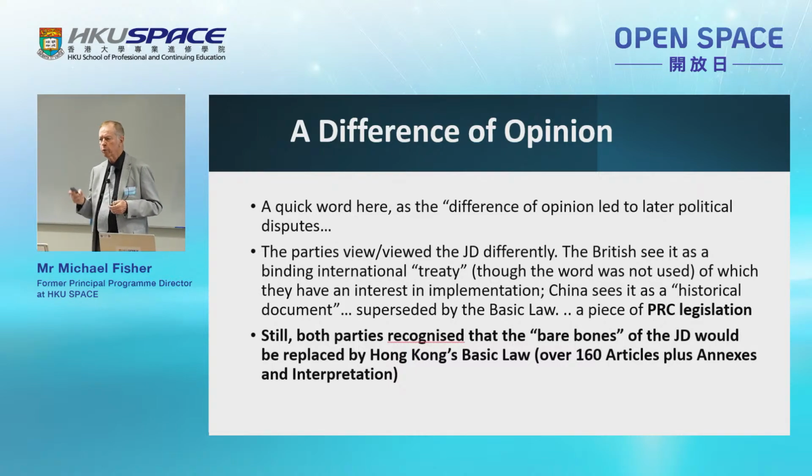So occasionally the British will say, China is deviating from the joint declaration. China's view is it's now been replaced by the basic law, a piece of Chinese legislation, and they say the joint declaration is just a historical document. It has no binding effect at all now. The governance of Hong Kong is entirely a matter for China.